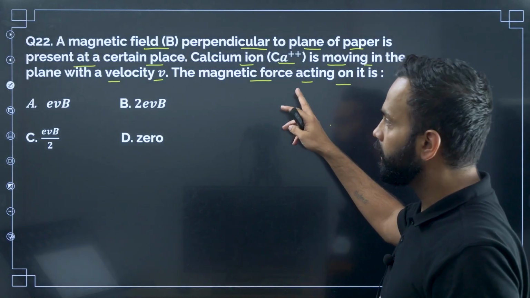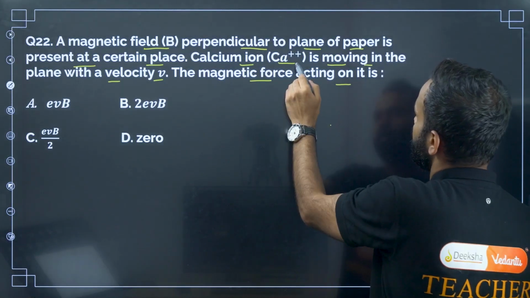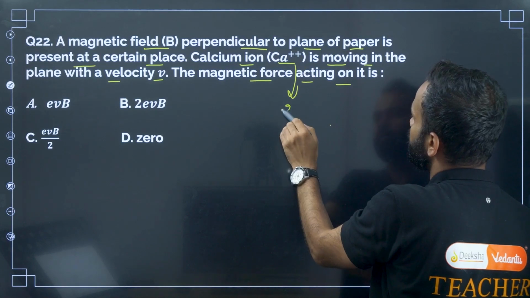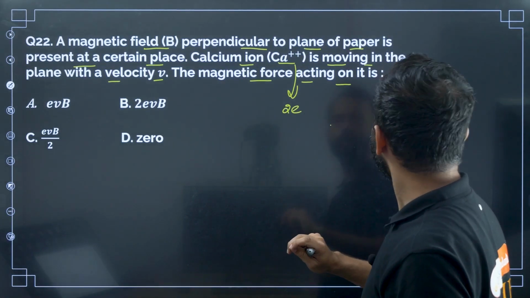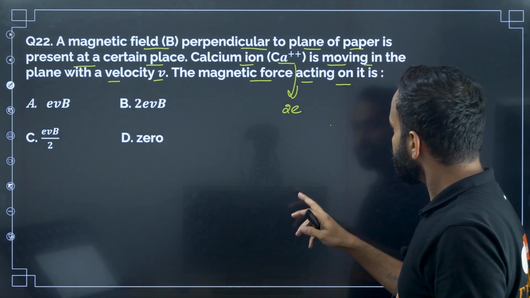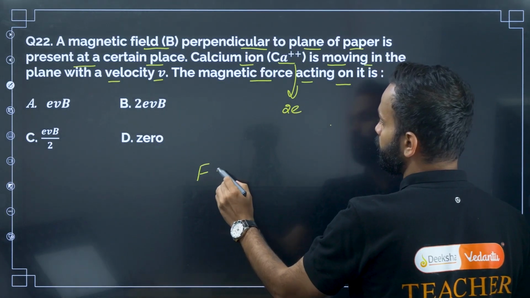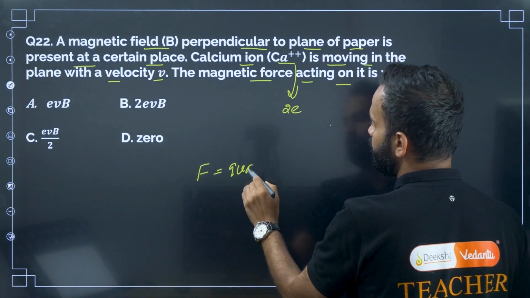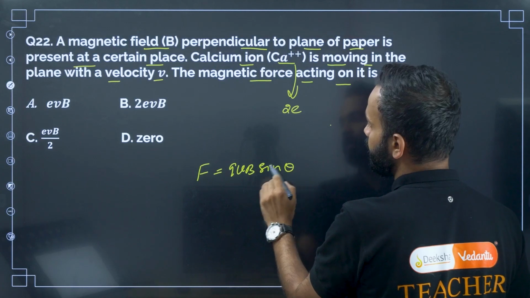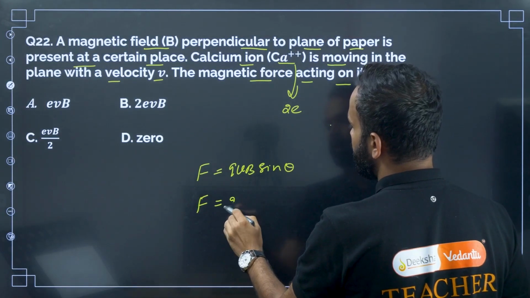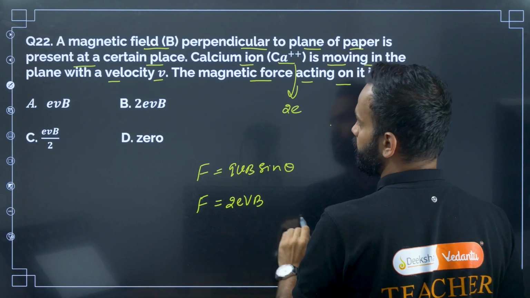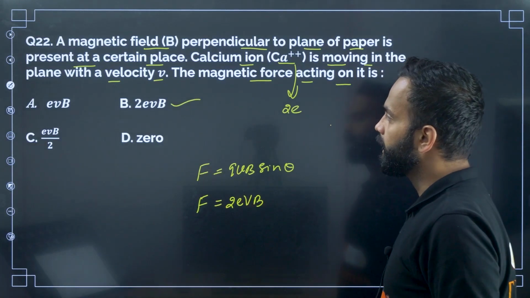Calcium 2 plus has charge 2 times E. So the magnetic force F equal to Q V B sin theta, theta is 90 degrees. So F equal to 2 times E into V into B. The correct option is B.